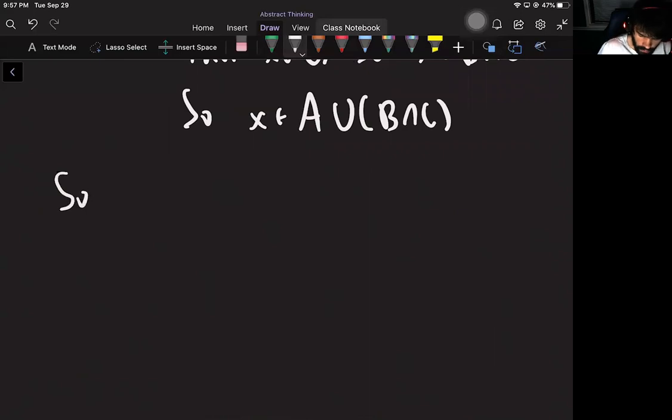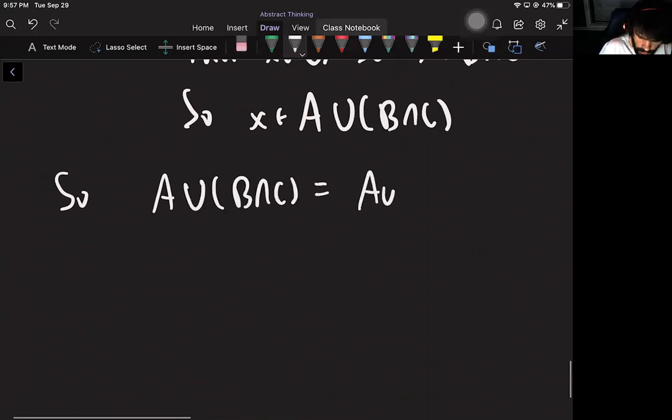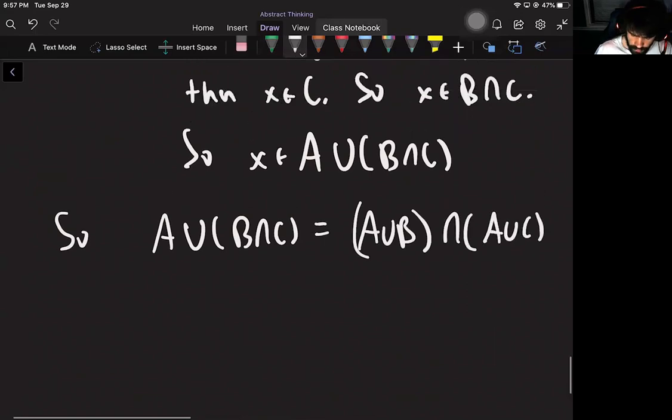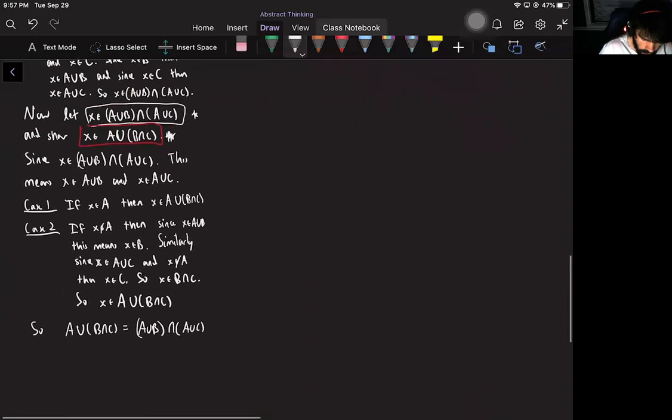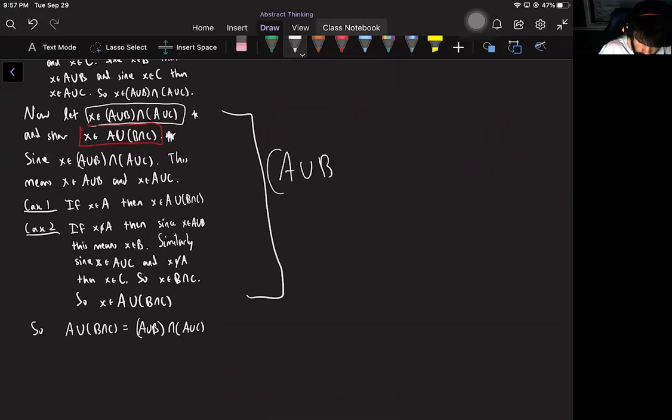So we're done. A union B intersect C equals A union B intersect A union C. And again, I'll just do a super zoom out. So this was all showing that the right side was a subset of the left side.